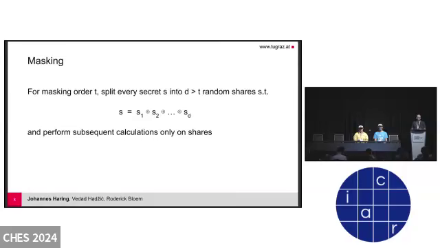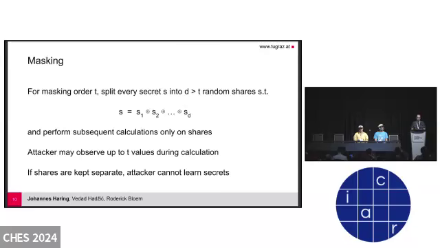Also, our subsequent calculations are only performed on these shares. And an attacker who is able to observe up to T of these values during calculation is not able to recover the original secret because you would need D different shares for that.